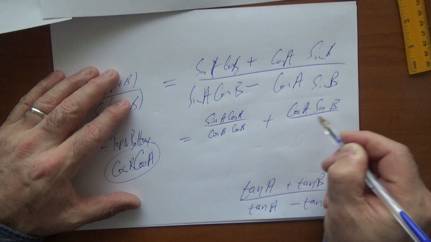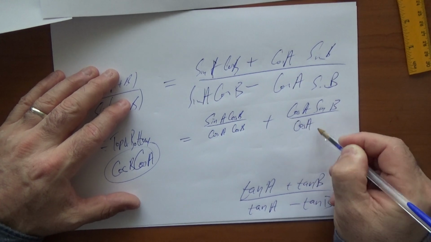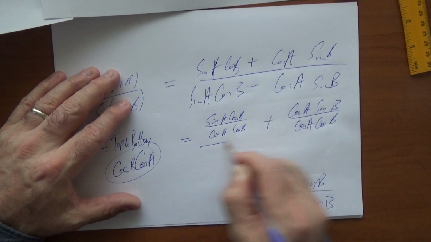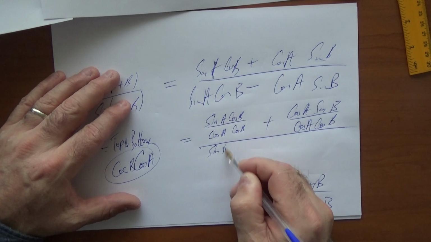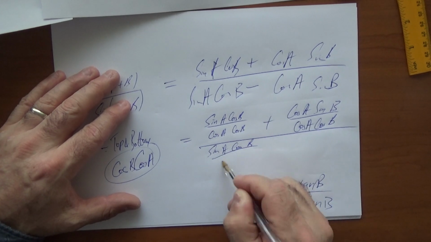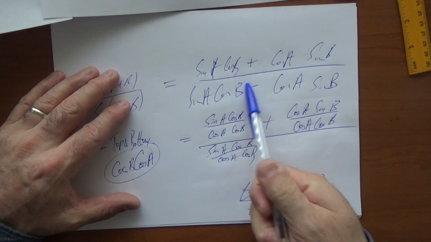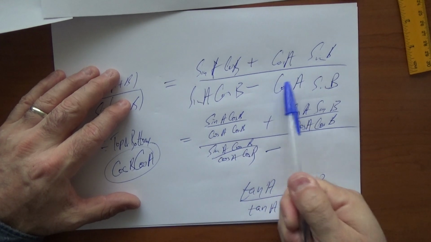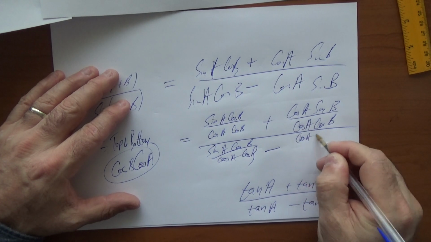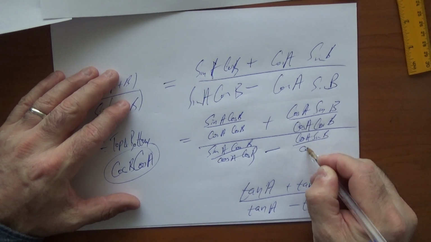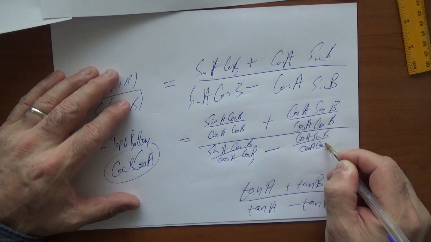Not messy, just long. Protracted. Minus cos a sine b over cos a cos b.